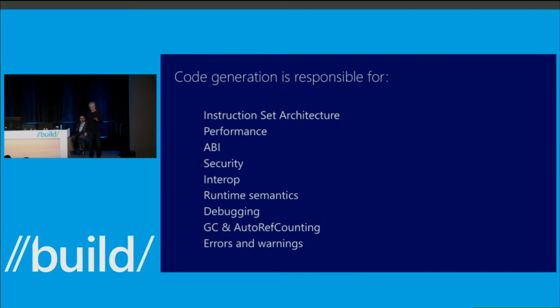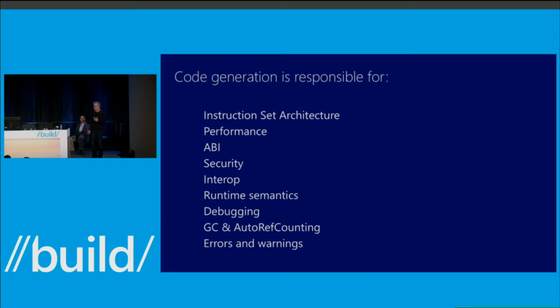The hardest part is generating all the code for those 7 other items that I just put up on the screen. The code generator is responsible for unique ABI performance on all the architectures. It's responsible for security. It's responsible for all the complex interop, for all the weird corner cases between managed code, native code, WinRT, you name it.